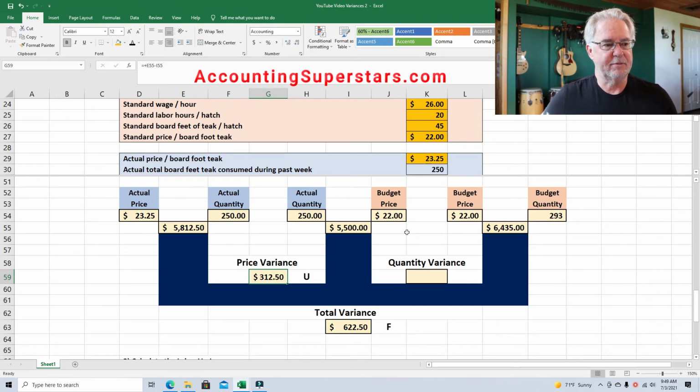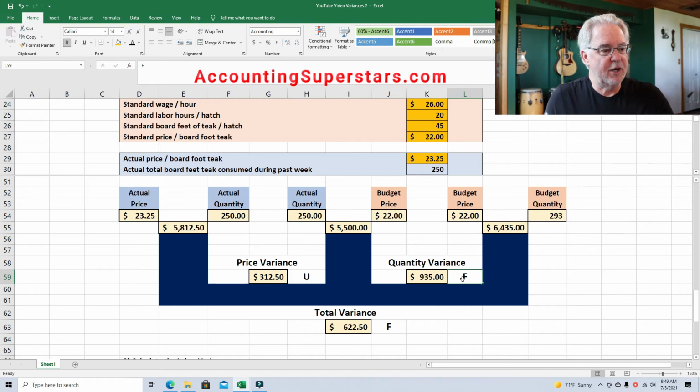They budgeted $6,435, and they actually spent $5,500. So the quantity variance is $935. And since they're under budget, we'll call that favorable. There you go.